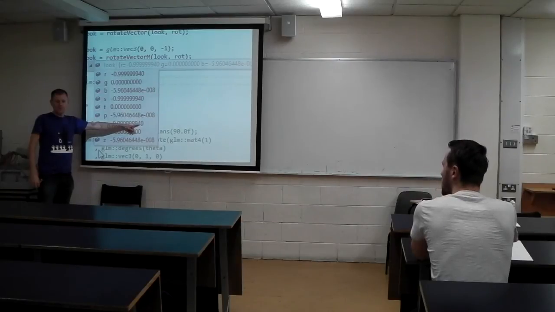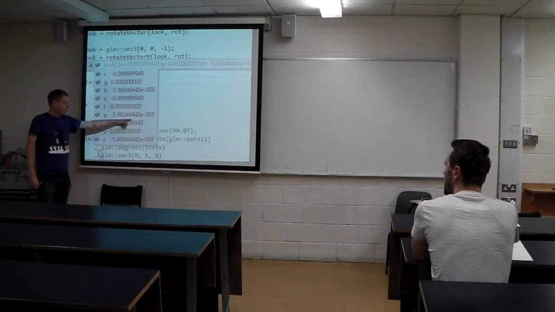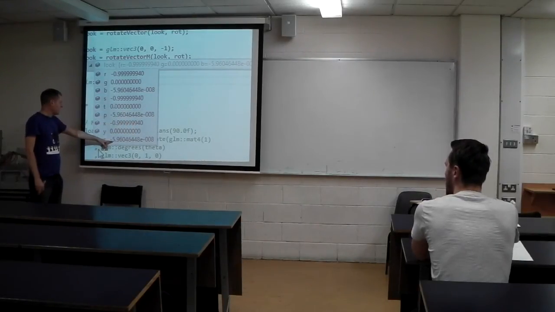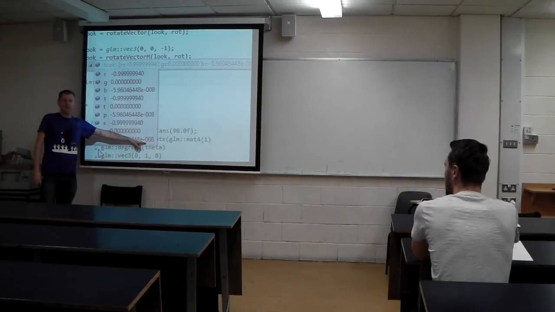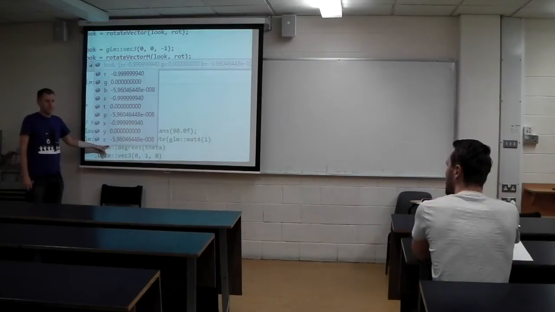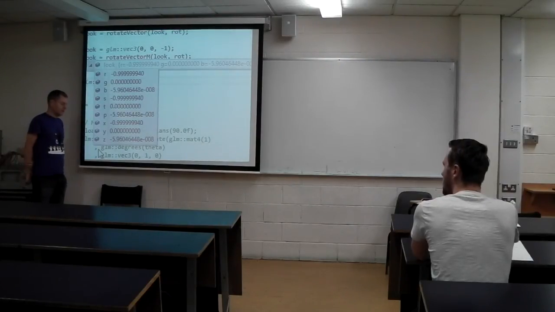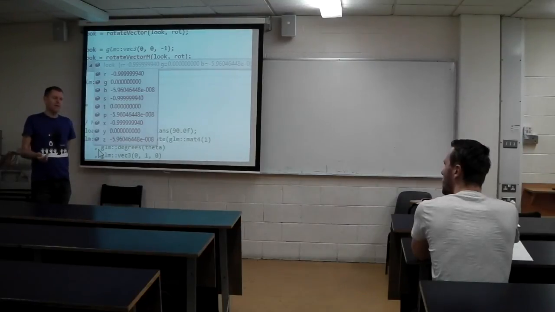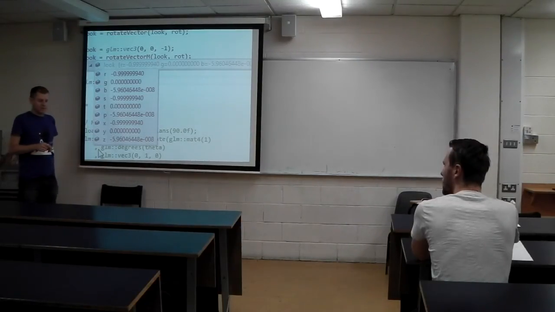So it's essentially the same number, that's -1. And for this z component here, I end up with minus 5.9 multiplied by 10 to the power of -8. So it's essentially 0. What's the floating point there? Floating point numbers are only 32 bits, right? The classic example is if you take 10 divided by 17, and then you add the resulting number up 17 times, you should get 10.